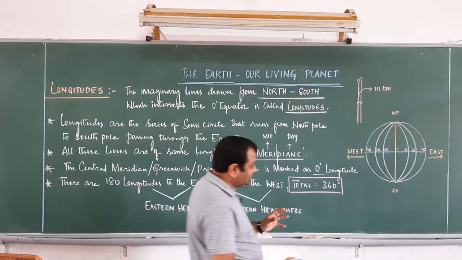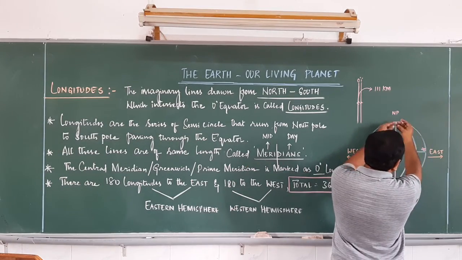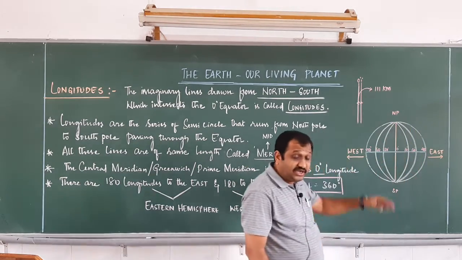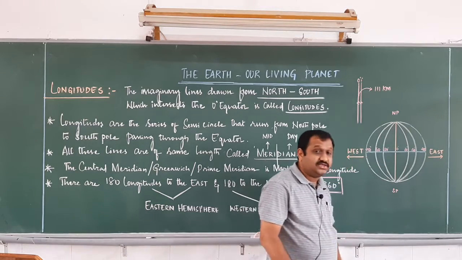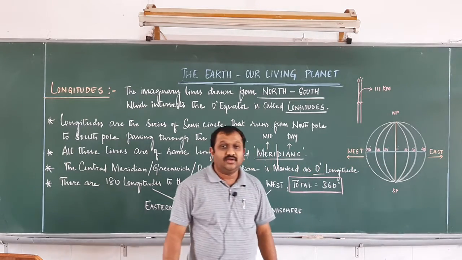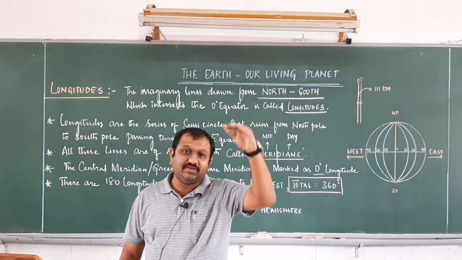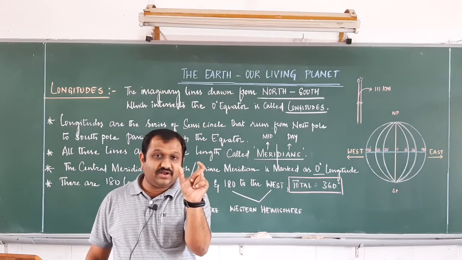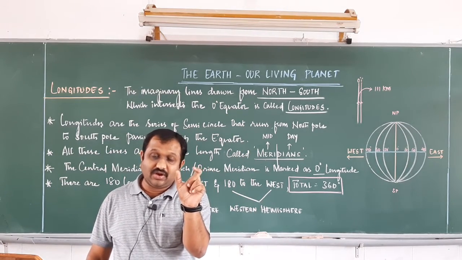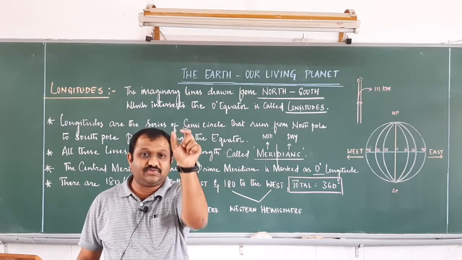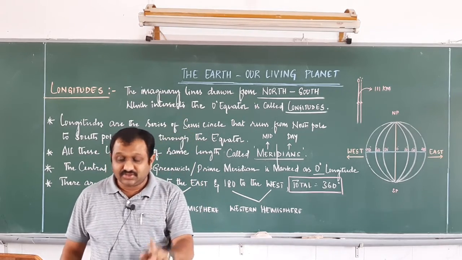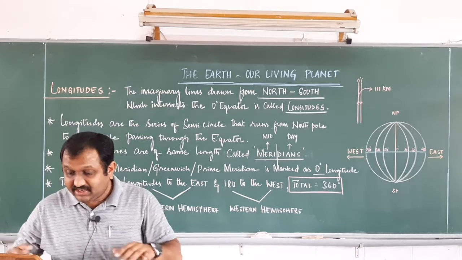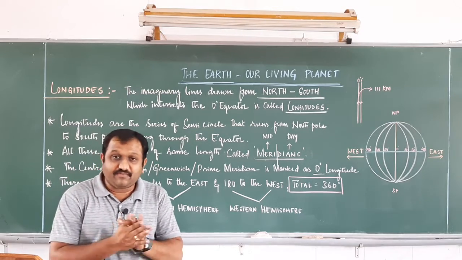All these lines meet at the 90 degree north and 90 degree south as a point. As you proceed to the polar region, the distance from one longitude to another keeps on decreasing. So this you have to keep in mind as one of the most important points, dear students.